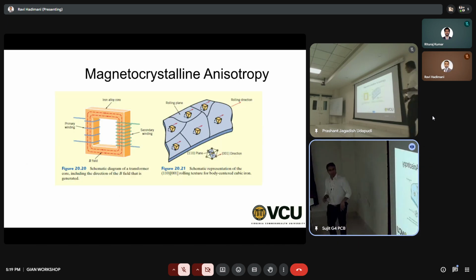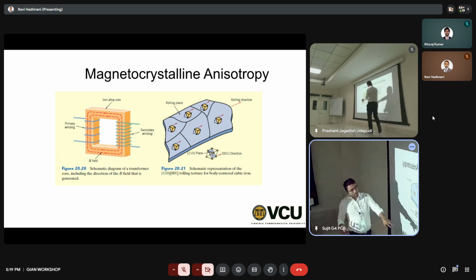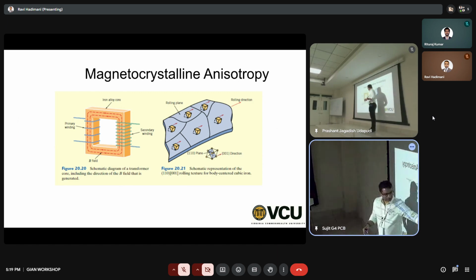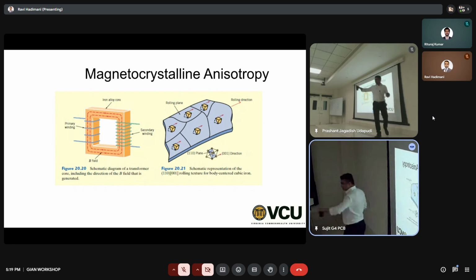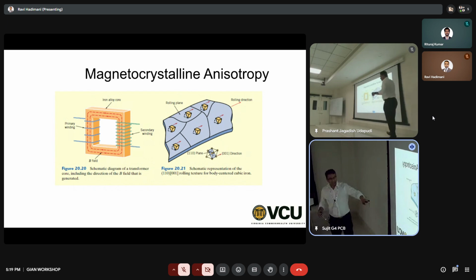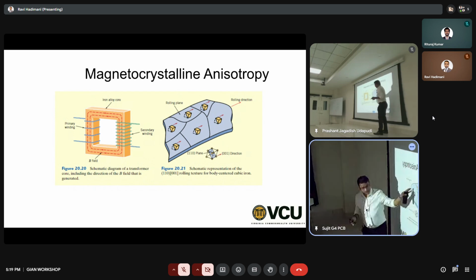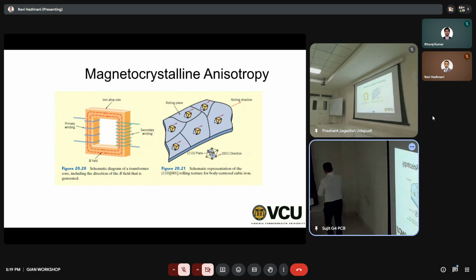That is magnetocrystalline anisotropy, and that's what a lot of electrical steels use. In electrical steels, they texture the steel such that the A axis aligns in a certain specific direction.